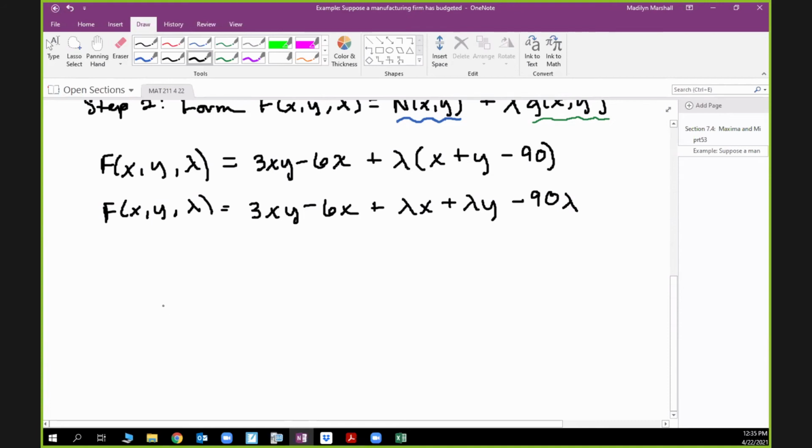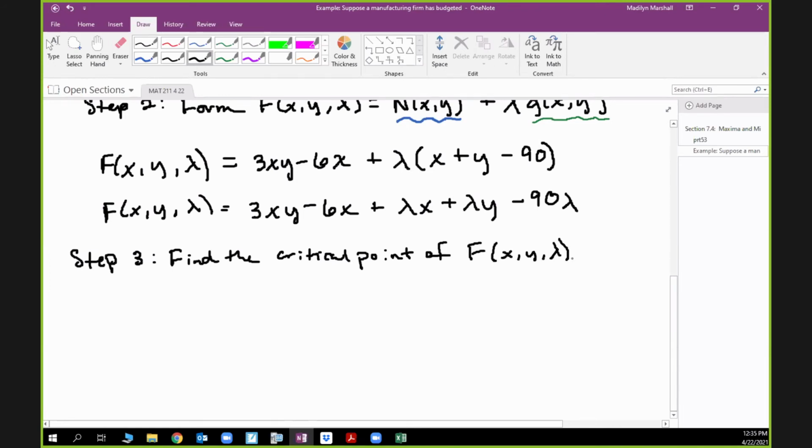So now we have this F of x, y, lambda function. And so our step 3, we want to find the critical point of capital F of x, y, lambda.